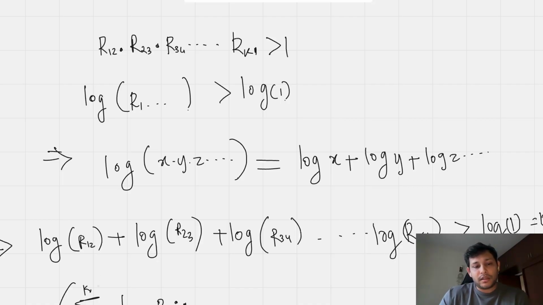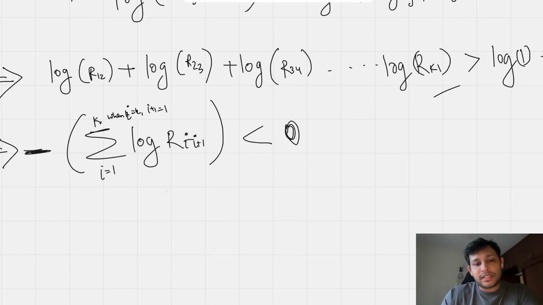And when i becomes equal to k, we can just make i+1 equal to 1. So if we apply the negation, then this equation becomes like this.